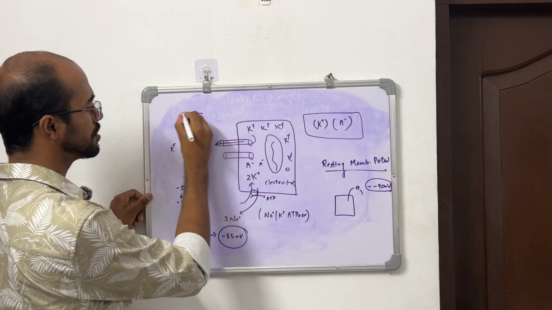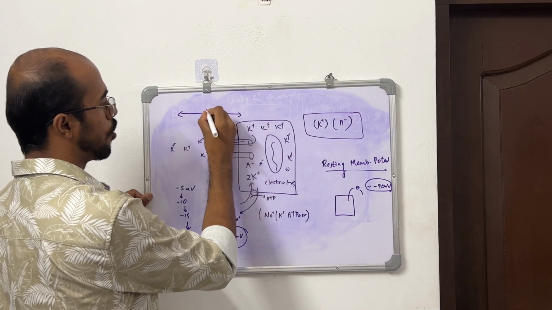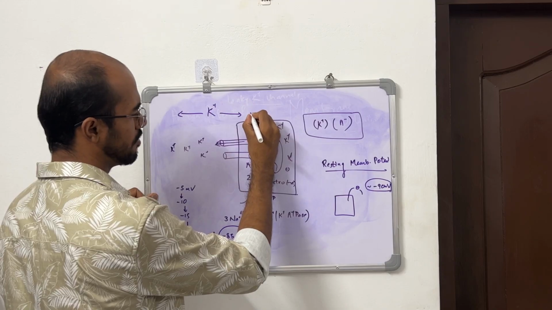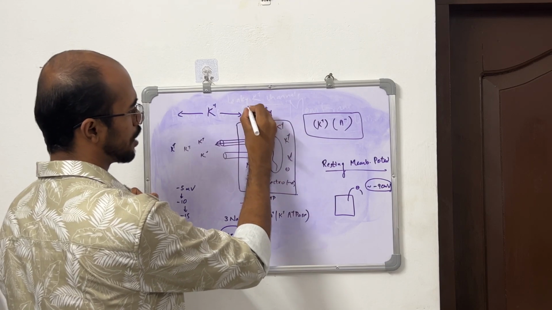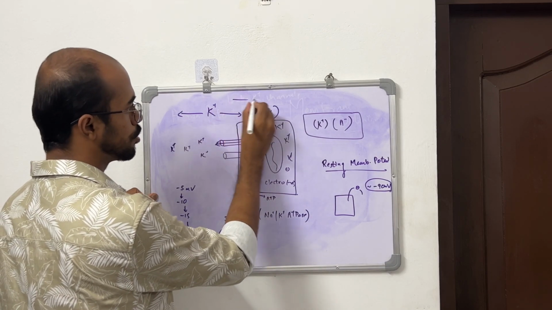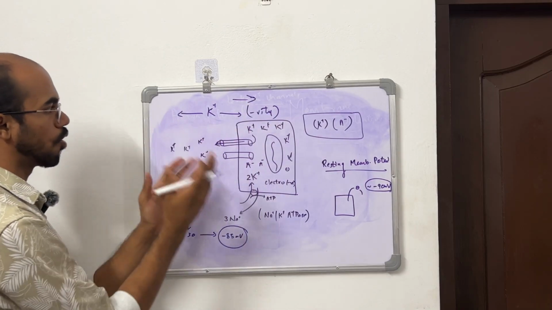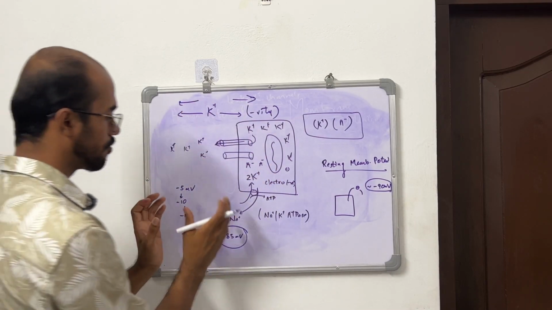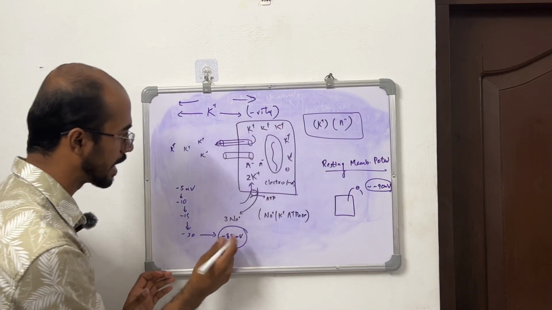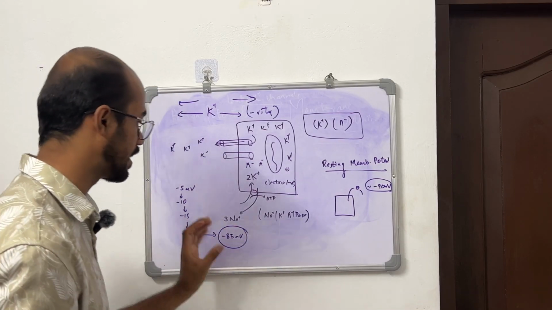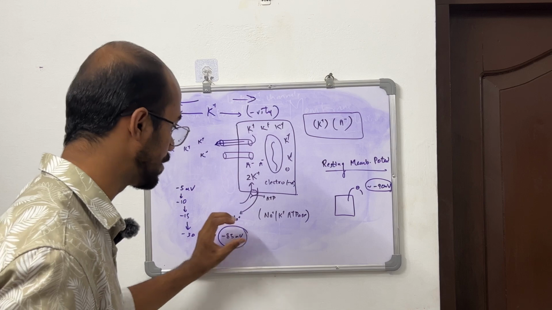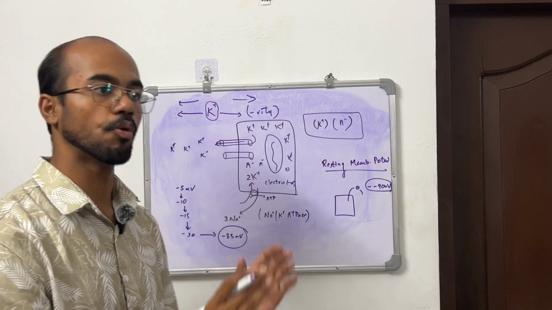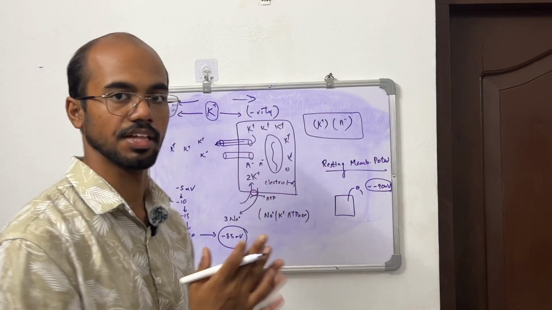Both of these forces are acting. On one side, the negativity inside the cell starts to attract the potassium into the cell, whereas the concentration gradient is trying to take potassium outside the cell. But when the negativity inside the cell reaches around negative 85 millivolt, potassium is in a state where it cannot move into the cell or outside the cell.